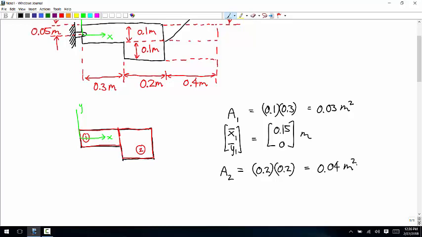And then the centroid, it's going to be right in the middle here. So to get from here over there, you have to go 0.3 meters to get to this side, and then another 0.1 to get to the middle. So that's 0.4 in the positive x direction.